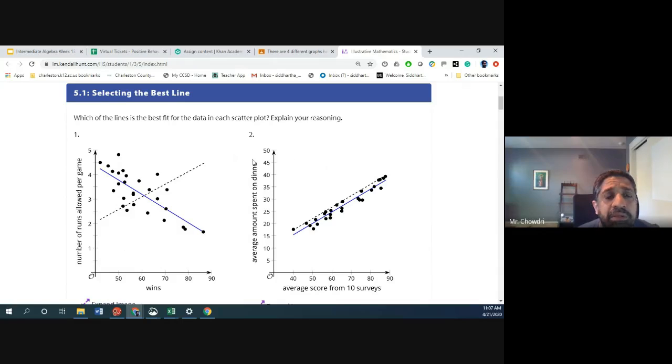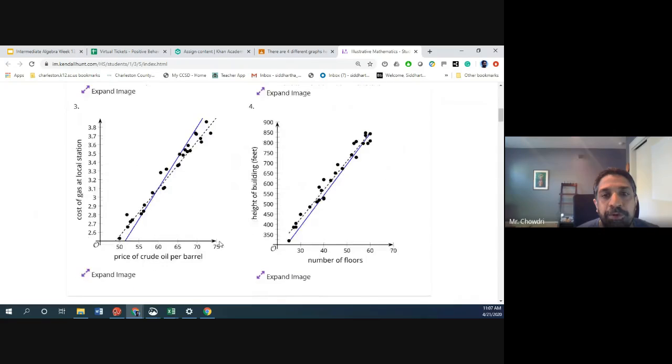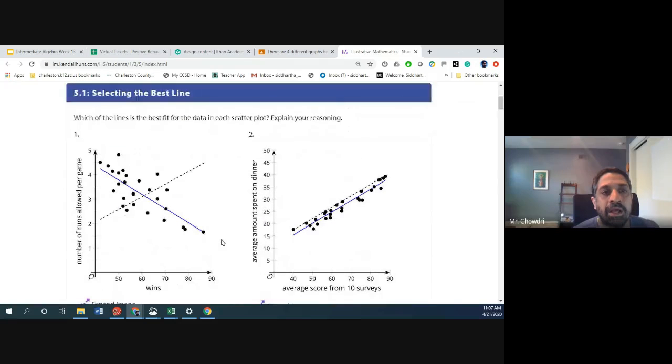So we have a scatter plot here. We got 4 different scatter plots. And those are going to be the relationship between 2 variables. In this case, it's wins and number of runs allowed per game, right? So this means how many games a team won, and this is how many runs they allow.